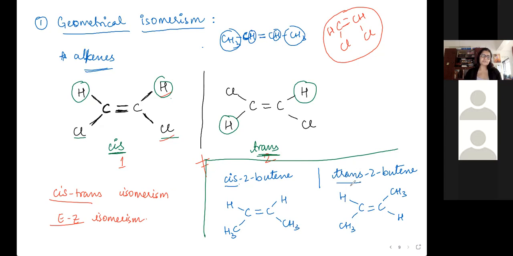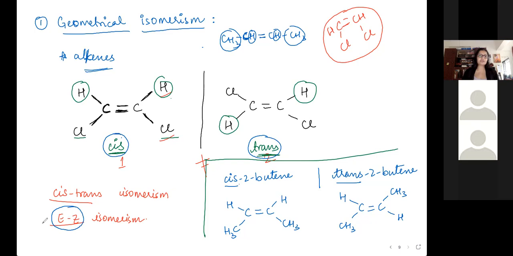So that's the difference between cis and trans. And yeah, again, isomerism matlab different structures. You need a way to indicate the difference in those structures. And the way you do it in geometrical isomerism is by giving the notation of cis and trans. Okay. Another way is EZ.